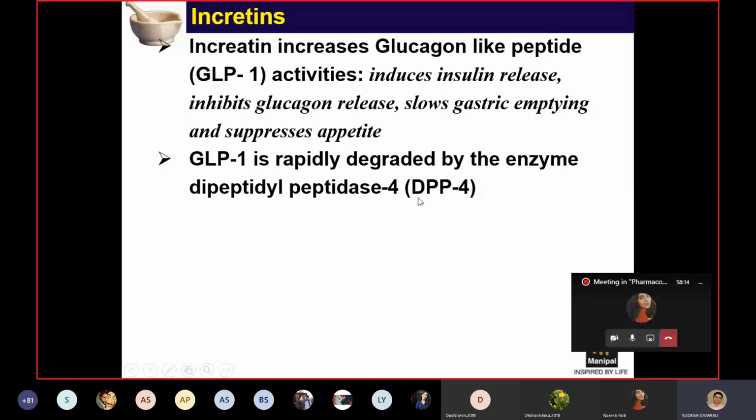If you inhibit it, then degradation of GLP will not happen. So GLP will be there in our body for a long period of time, and that will cause an increase in insulin release. So we have both of these.